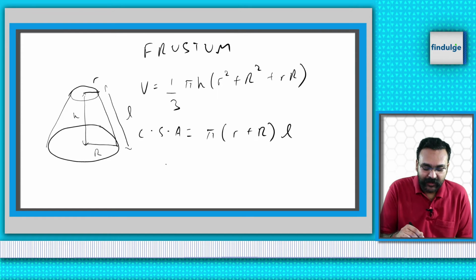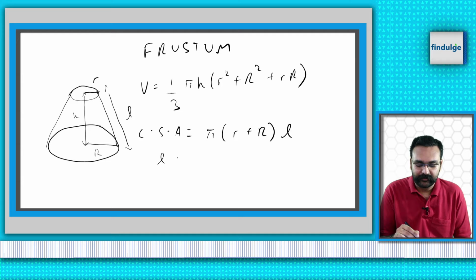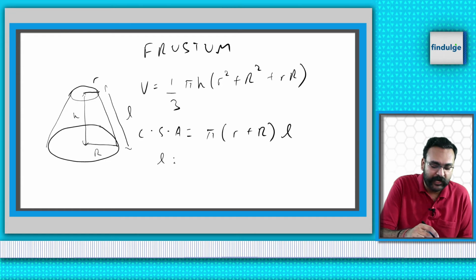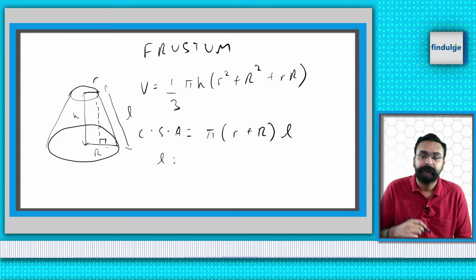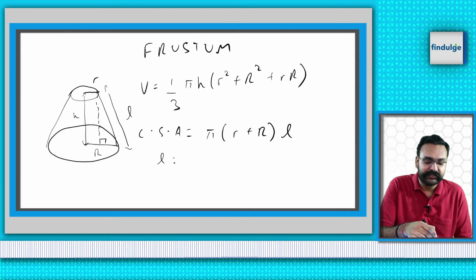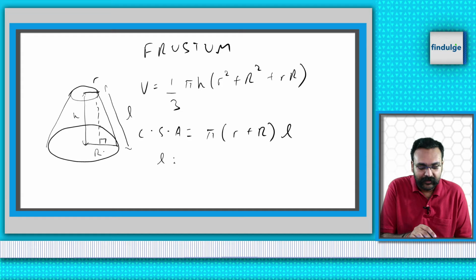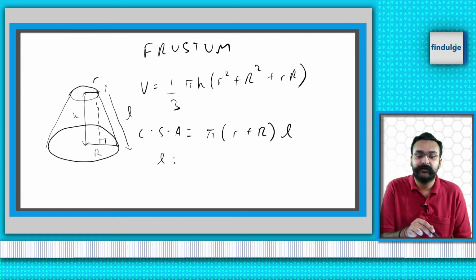And L is nothing but, if you try to visualize, I can find L using a hypothetical triangle over here, where this will be nothing but the height, and this length will be nothing but big R minus small r.